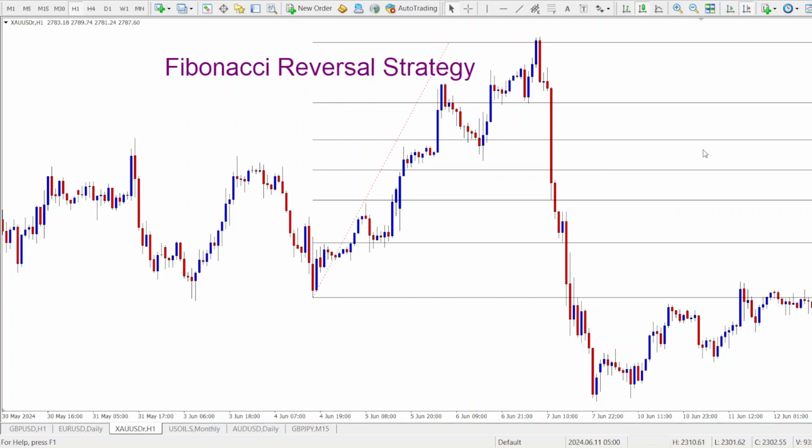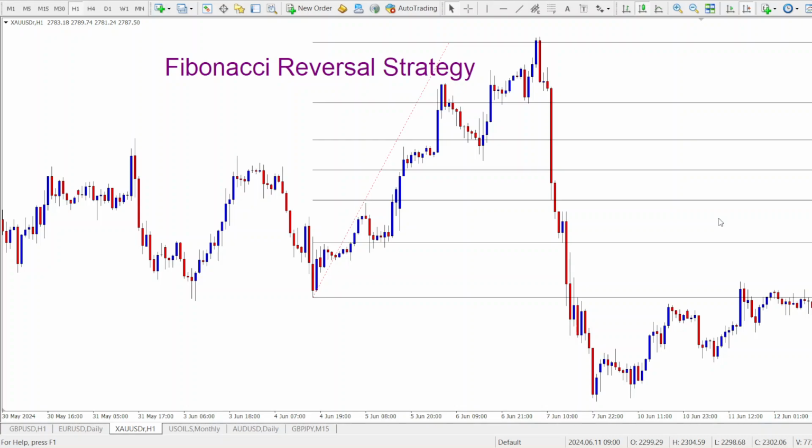The Fibonacci levels use percentages like 23.6%, 38.2%, 50%, 61.8%, 78.6%, and so on. Each of these levels gives us insights into where price might pull back or reverse, allowing us to plan our entry and exit points more precisely.